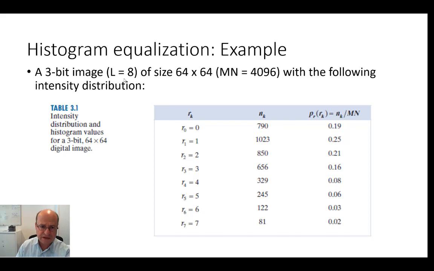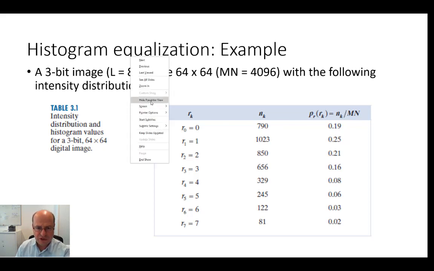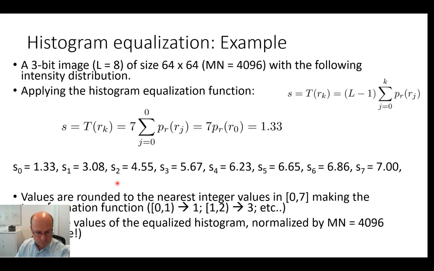That's basically the definition of the image that we have, right? It's a 3-bit image, it has 8 values. These values have to be rounded to the nearest integer values between 0 and 7 because I still have only 8 values.